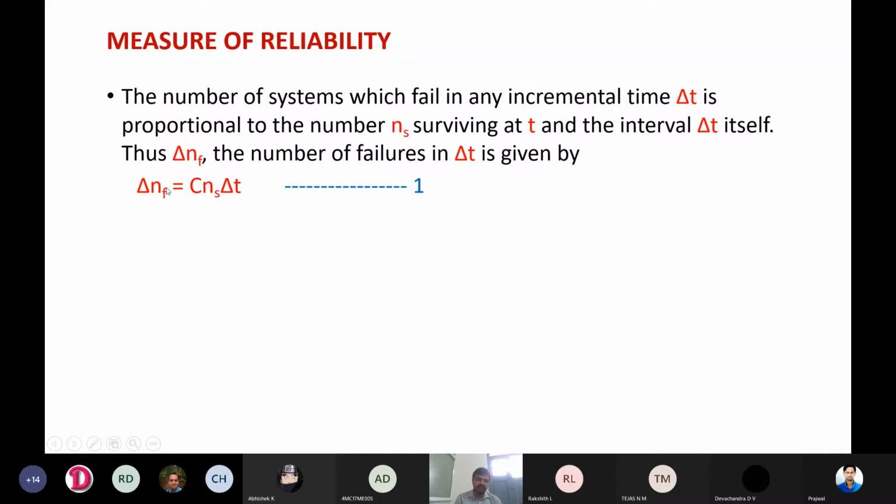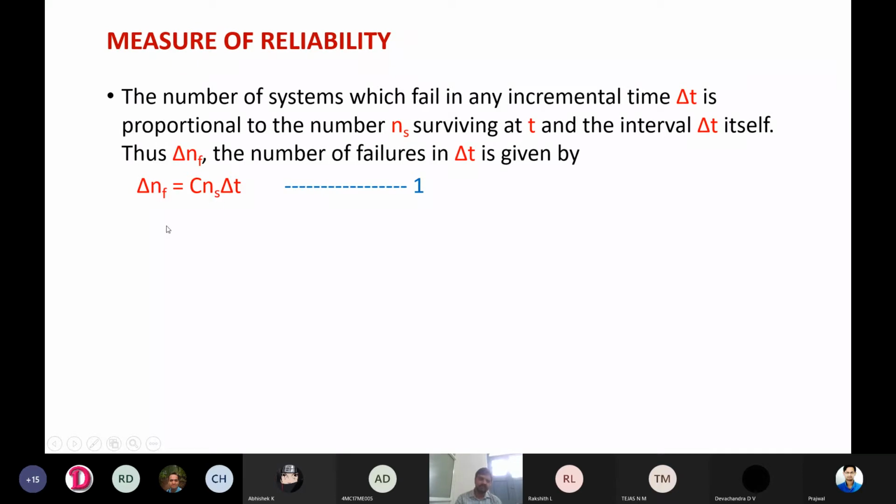NF is the number of failures, NS is the number of survivors, delta t is the time interval, and C is the failure rate. It is a constant value.